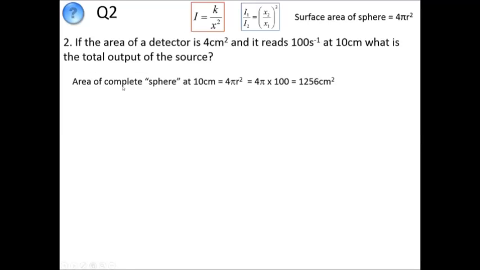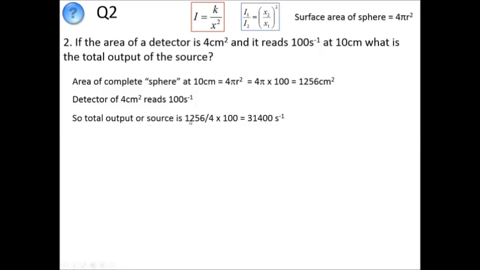The area of the complete sphere at 10 centimeters is 4 pi r squared, 4 pi times 10 squared, which is 1,256 centimeters squared. We know from the question that the detector has an area of 4 centimeters squared, and that's picking up 100.